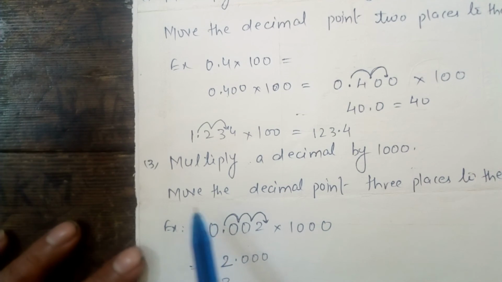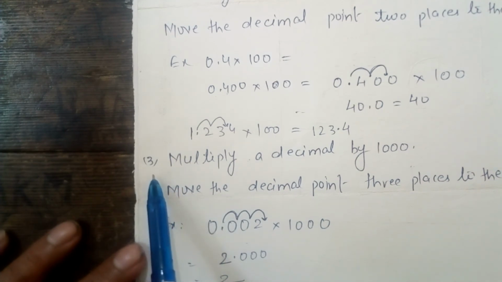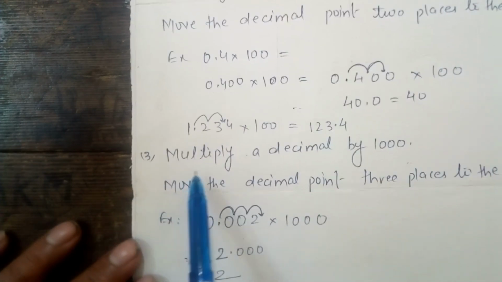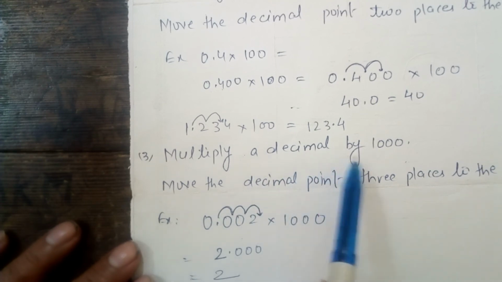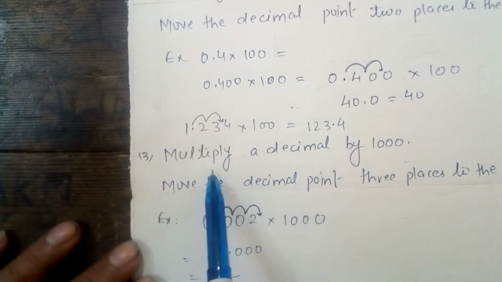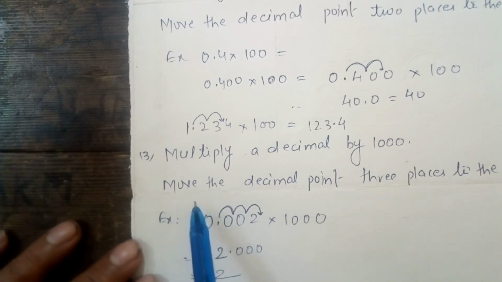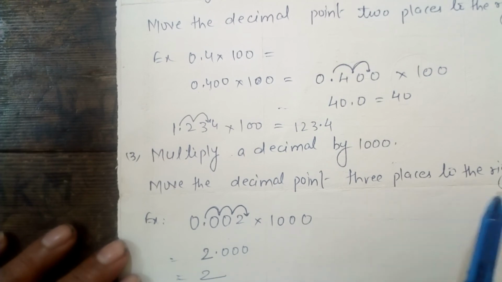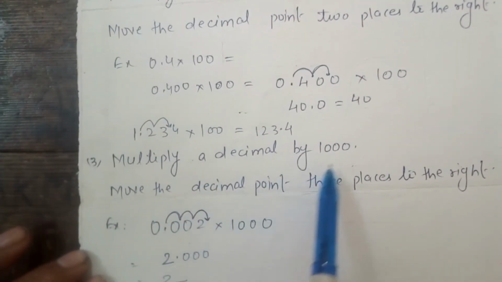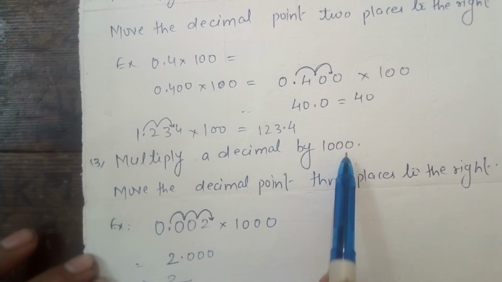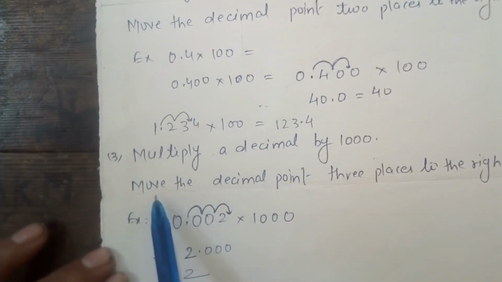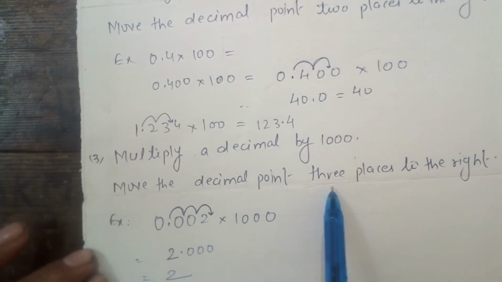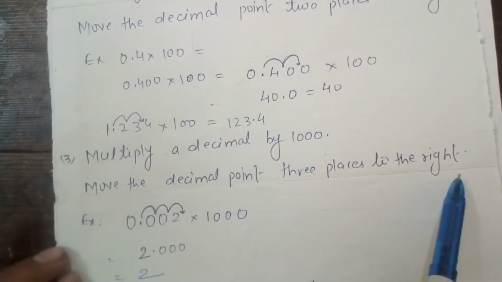Okay, your third point is multiply a decimal by 1000. We will apply the statement: move the decimal point 3 places to the right, according to the number of 0s in 1000. The number of 0s in 1000 is 3, so move the decimal point 3 places to the right.